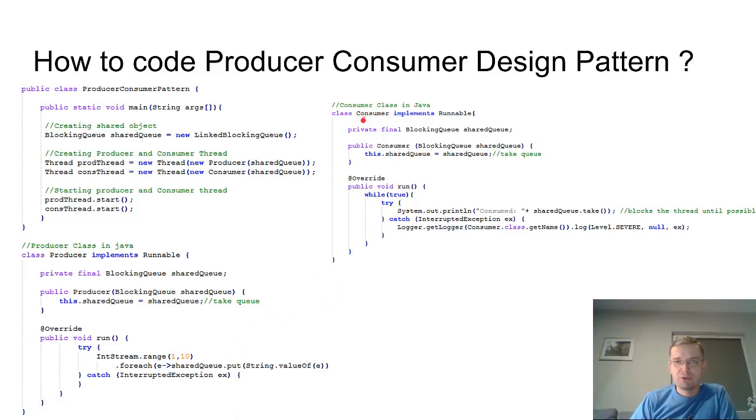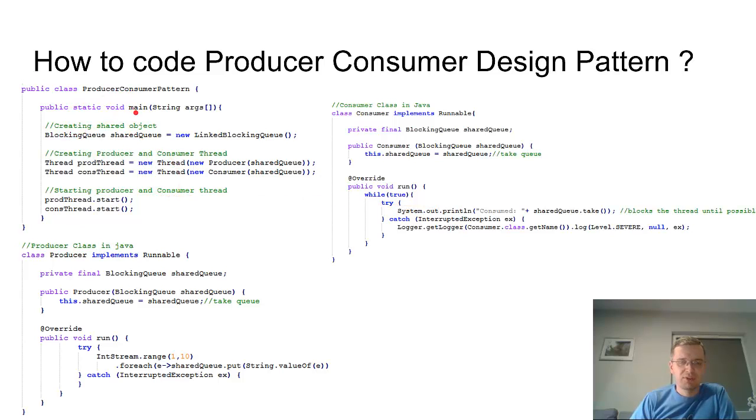On the consumer side, we also have the same queue, and when the thread is run, it will start consuming the messages from the queue using the take method. So it will block the thread until a message is taken.